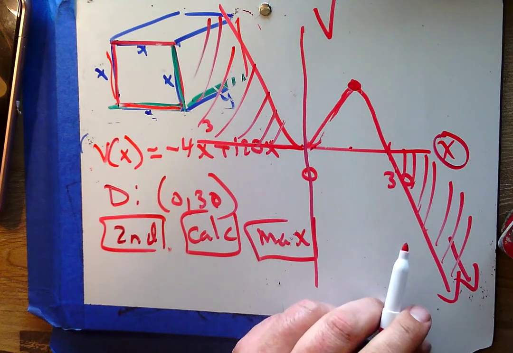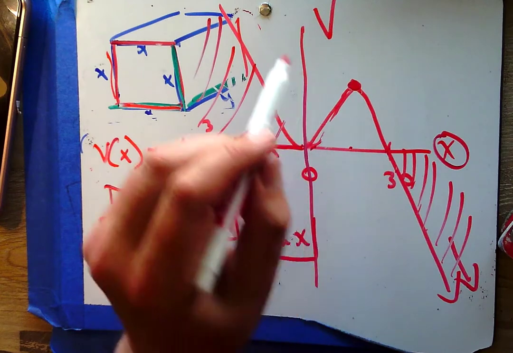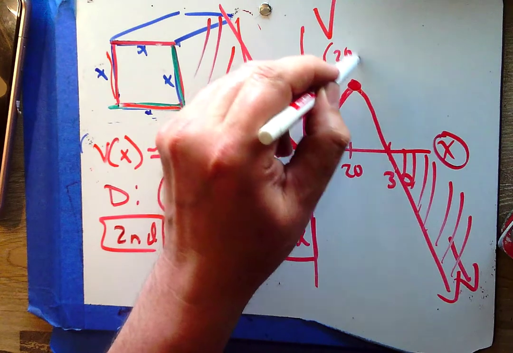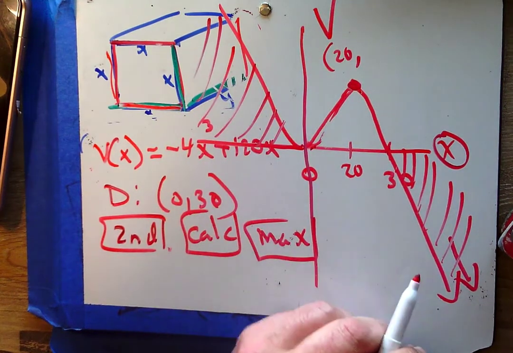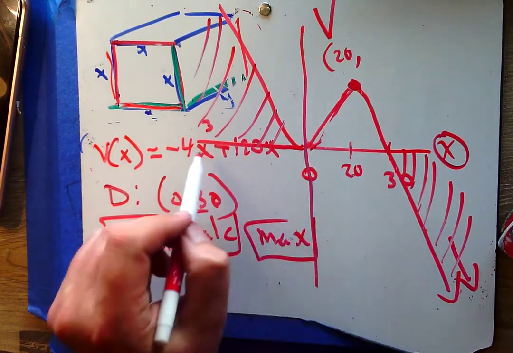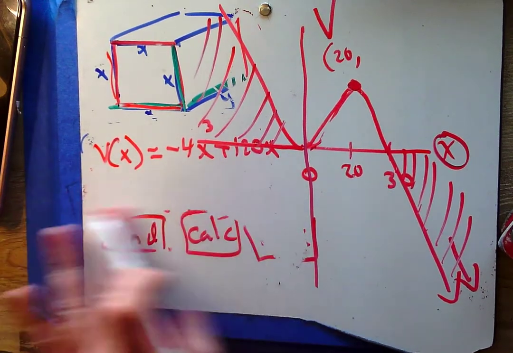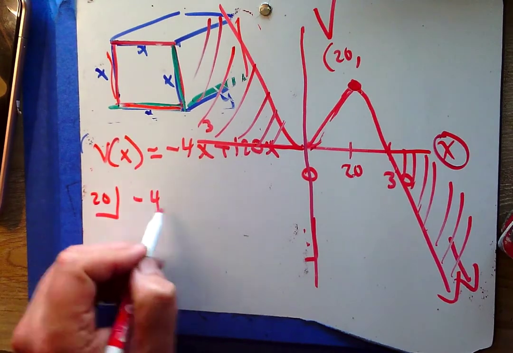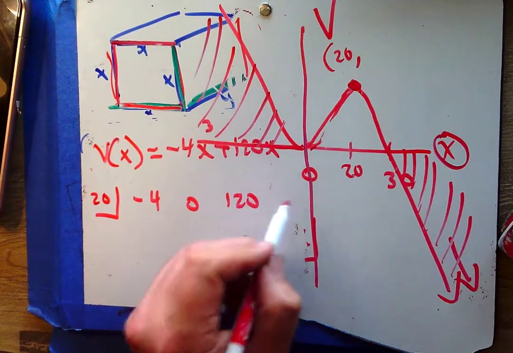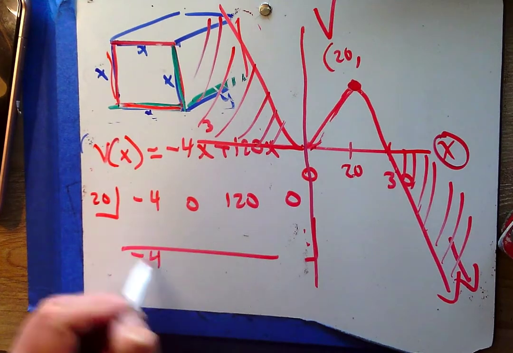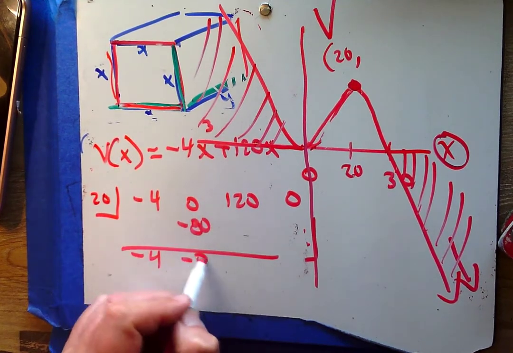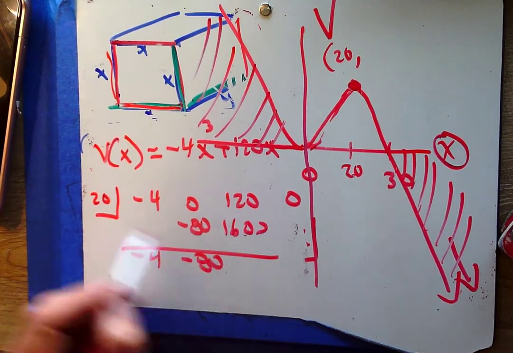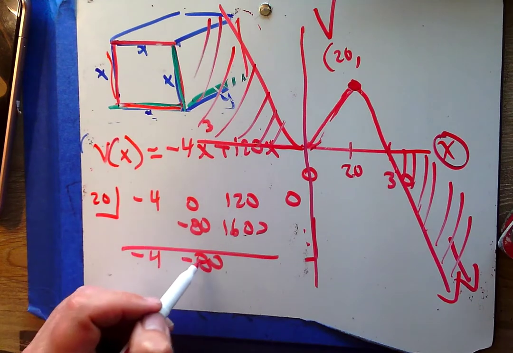Okay? So I found that when x equals 20, I get a maximum volume. What is that maximum volume at 20? Well, if I take that 20 and plug it in there, I could find out my maximum volume. I could even do negative 4, 0 placeholder, 120, 0 placeholder, negative 4, negative 80, negative 80, 1600? I think so. Well, that wants to be negative, though.